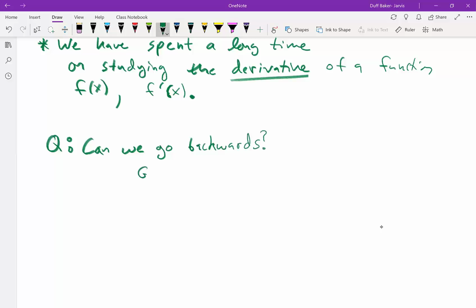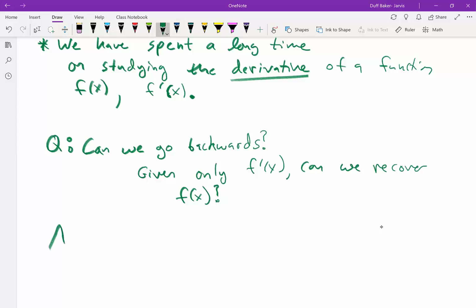That means, if we only know the derivative, is it possible to recover the original function? So can we undo the derivative is essentially what we're going to start talking about now.